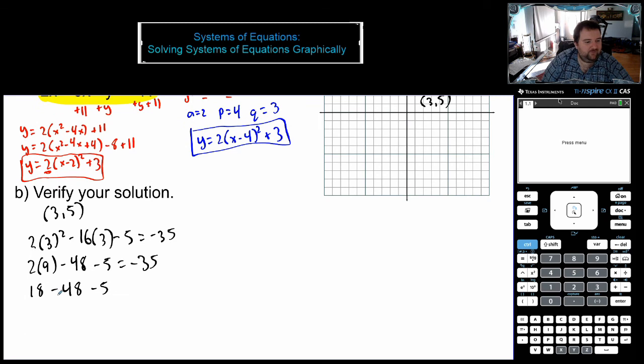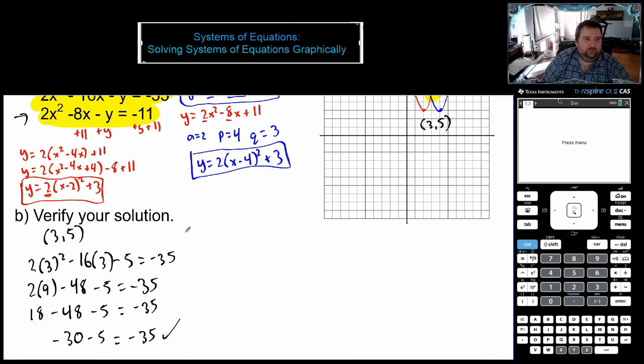Okay, and then we have 18 minus 48 is negative 30, minus 5. And it looks to be true. Negative 35 equals negative 35. Good.